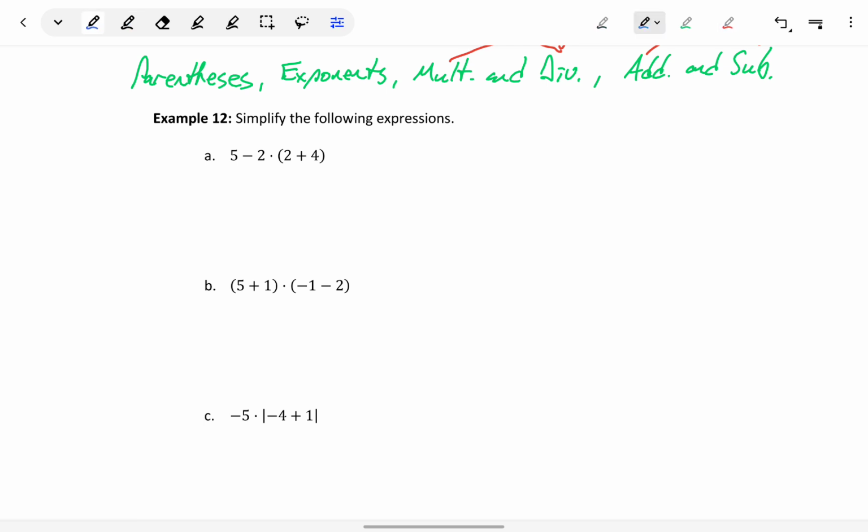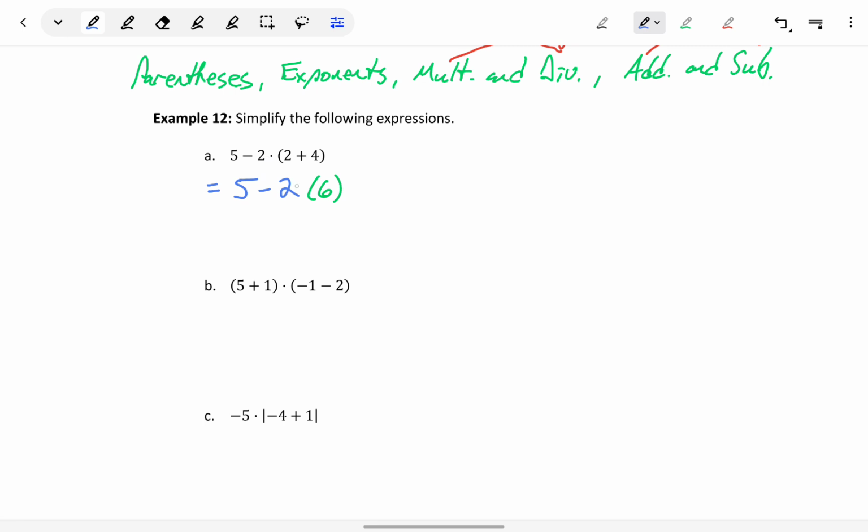That means in example 12, part A, where we have 5 minus 2 times the quantity 2 plus 4, so times that expression in parentheses, 2 plus 4. To evaluate this, the first thing that we'll do is evaluate that expression inside the parentheses. 2 plus 4 will give us 6. And then anytime we have a number next to a set of parentheses, in part A we have that multiplication dot in there.